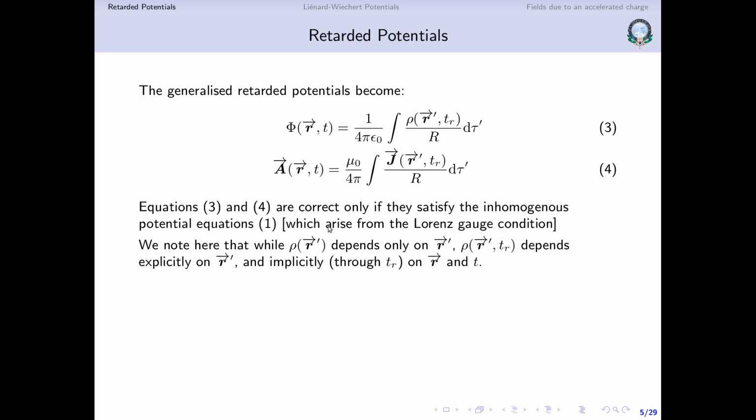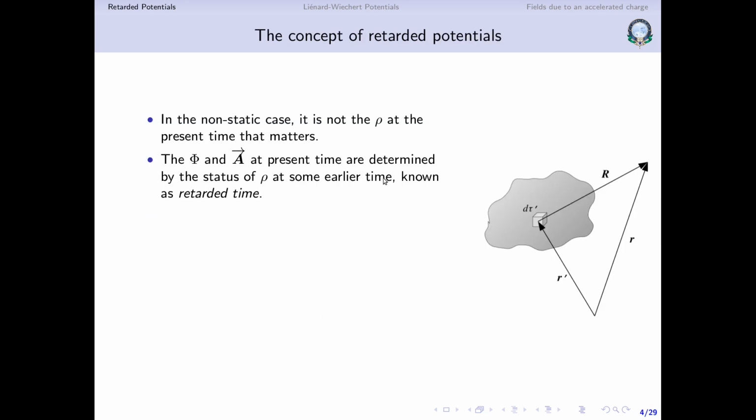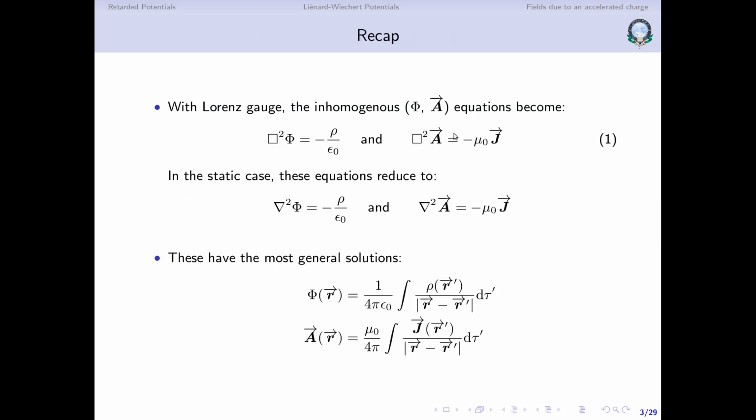So how do we proceed here? Very simple. All we need to do is check whether this scalar potential and this vector potential satisfy equation number 1. Now if you look at equation number 1, we have a box square operator, and for getting the box square operator, the starting point is the Laplacian.